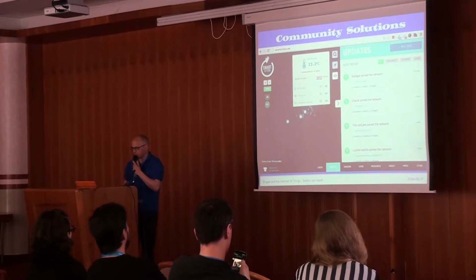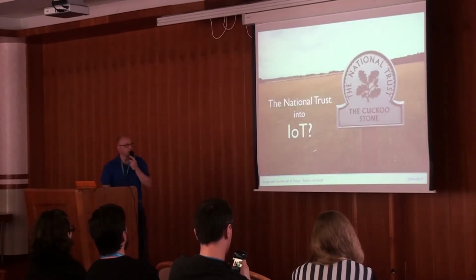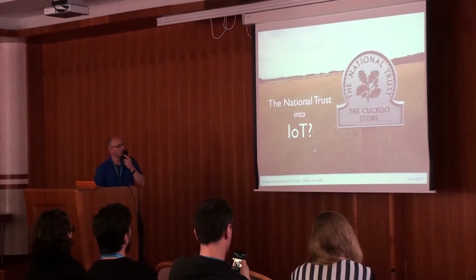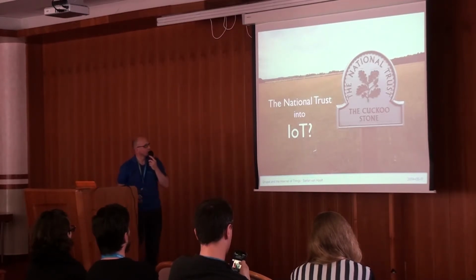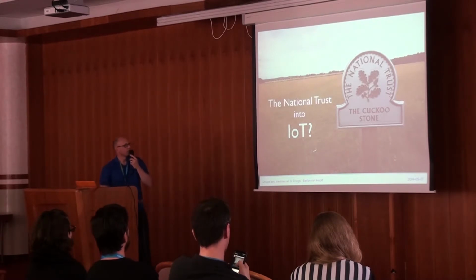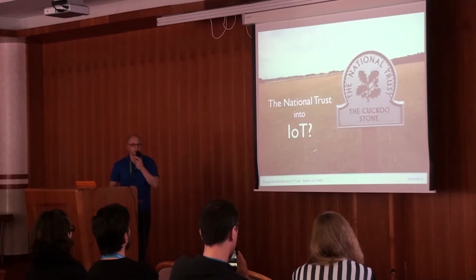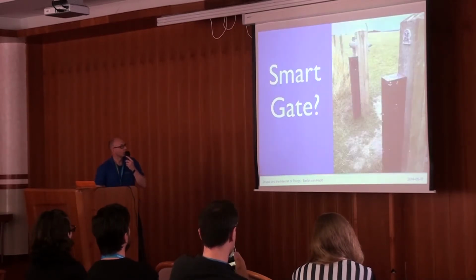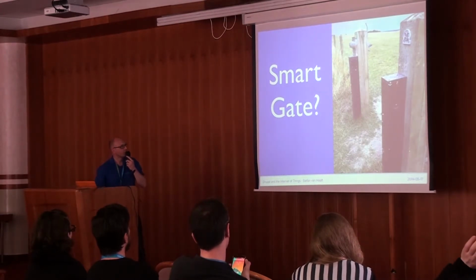Okay, so how does that translate to something that can be seen out and about? I was walking near Stonehenge the other day, and I found a sign. The National Trust is an organisation in the UK who looks after parks and things. So I came across this, and I thought, wow, that's interesting.